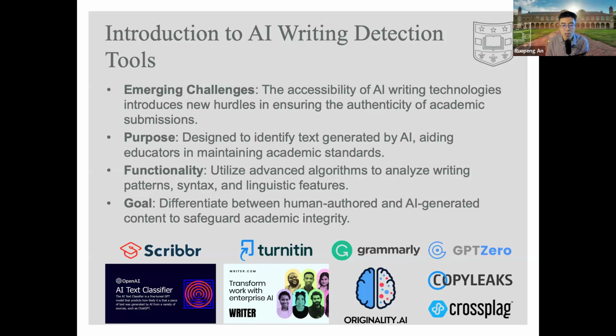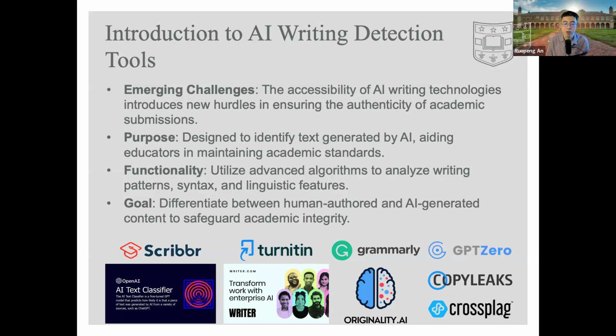Here we listed a number of those tools, but by no means is it exhaustive. There are probably hundreds of tools available, but these are probably the most popular ones, such as Scribbr, Turnitin, Grammarly, GPTZero, Copyleaks, Crossplag, Originality AI, AI Writer, and the AI text classifier published by OpenAI.